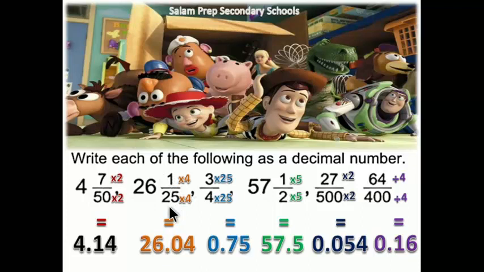We can make the denominator 100. 25 times 4 equal 100. 1 times 4 equal 4. Okay? This is a mixed number. We can write the decimal point first and then write the whole number. The whole number here is 26. Write 26. Okay? And the decimal part, take care.